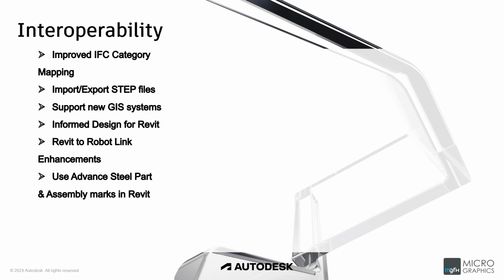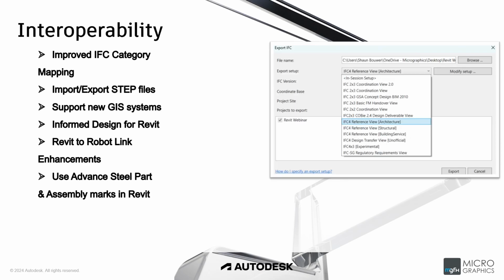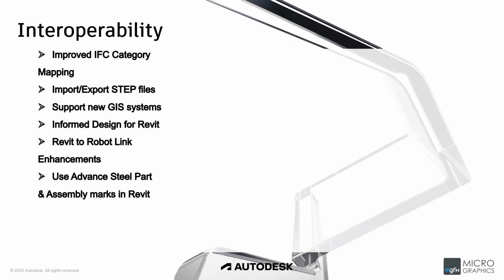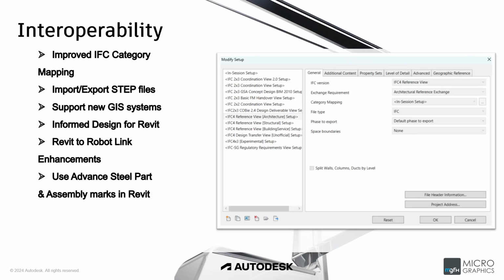Here's a look at the key options that we have. So the improved IFC category mapping. So when you export an IFC, you can select one of your export options. Revit 2025 offers improved IFC category mapping, allowing users to map Revit categories more precisely to IFC classes.